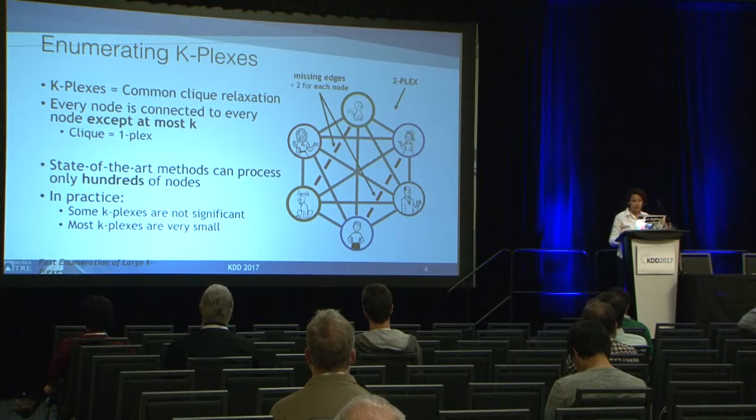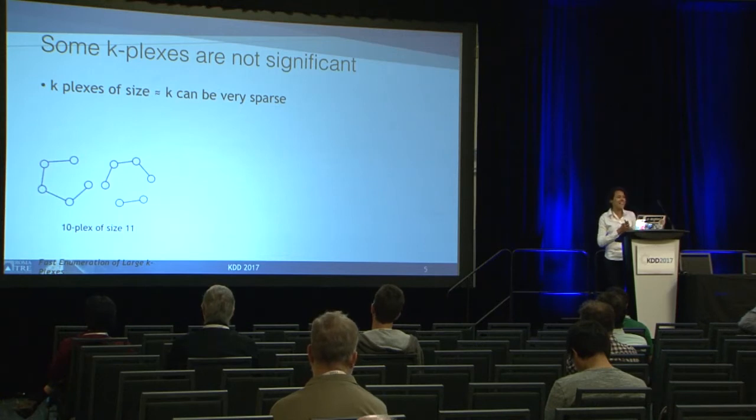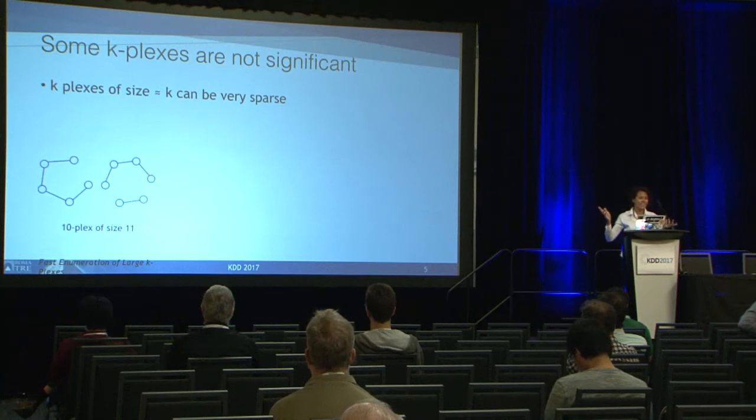What does not significant mean? Since you have this k-parameter to play with, you may have k-plexes of size k that turn out to be very sparse. For instance, if you have a 10-plex of size 11, most of the nodes may not be connected at all. So as a community definition, it's not very meaningful.